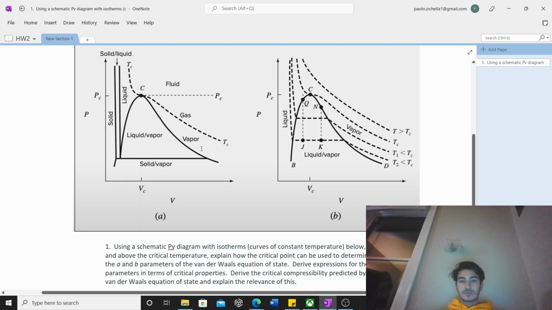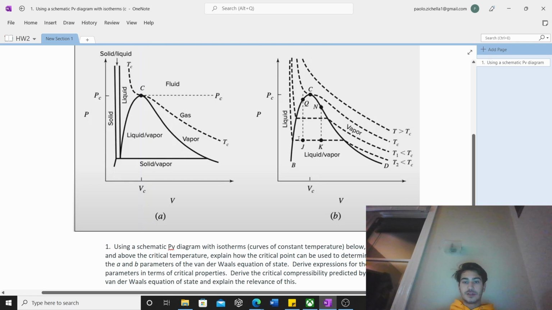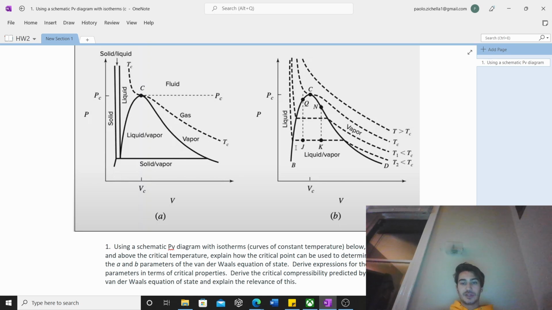The big solid line is the schematic PV diagram of the molecule. Under it we have these dashed lines, where it is half liquid and half vapor while it is transferring into vapor. This is such a small change in pressure that it is not even seen as a change in pressure, only as a change in volume.